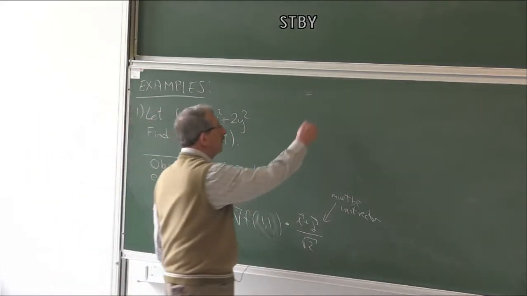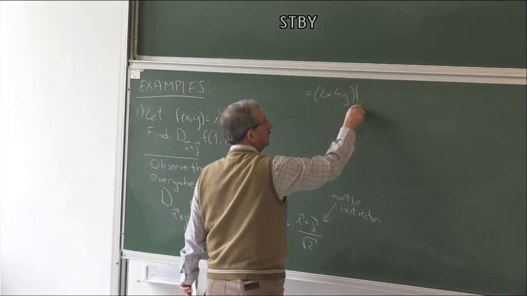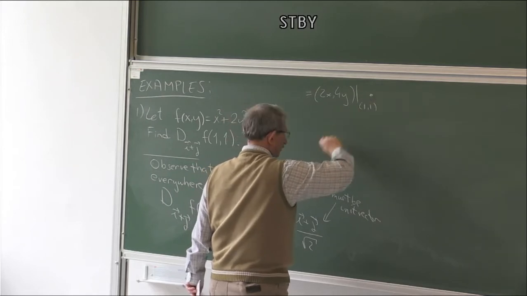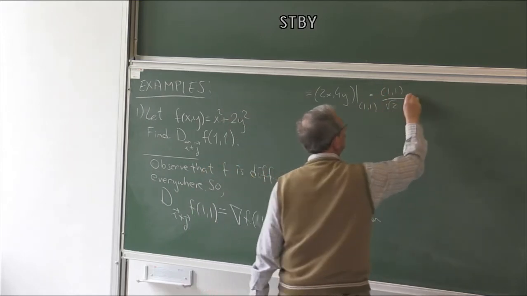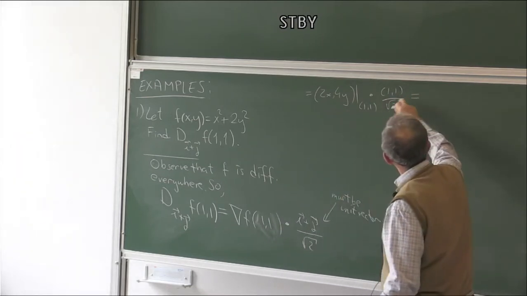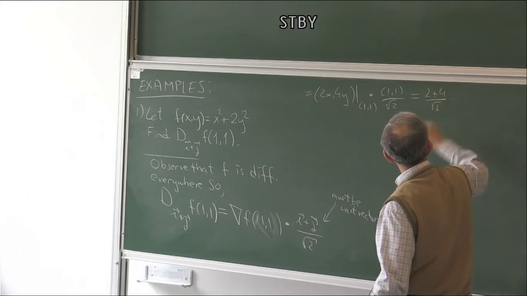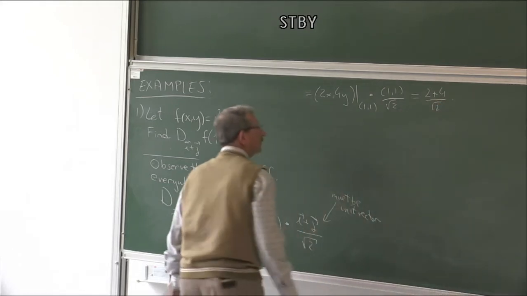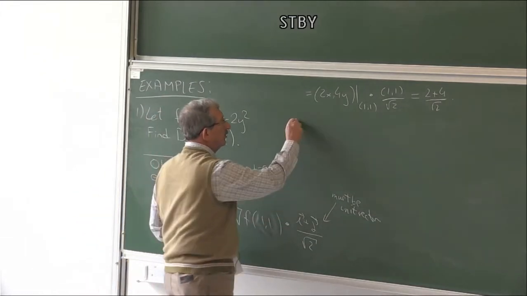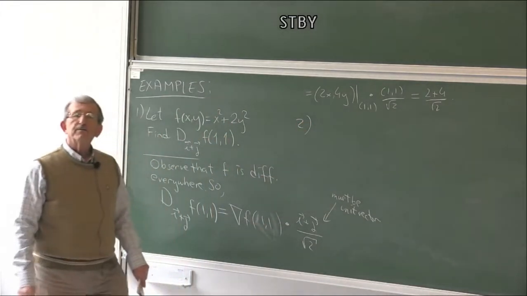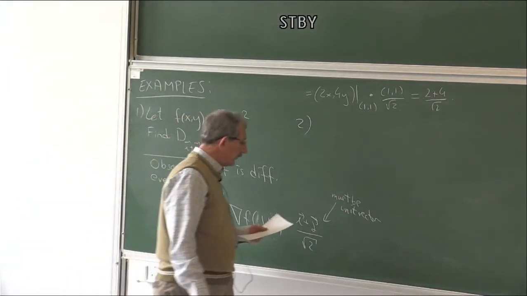You have (2x, 4y) at (1, 1) dot (1, 1) divided by root 2, which is, of course, (2 plus 4) over root 2. Okay, so this was a direct calculation. I wanted to emphasize that in this formula we have to use a unit vector all the time.